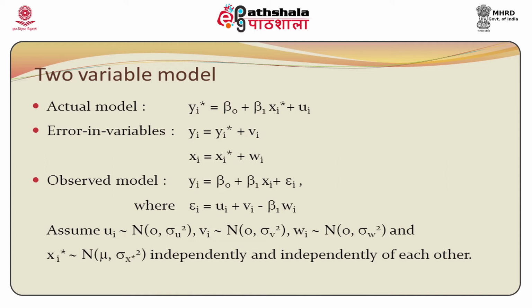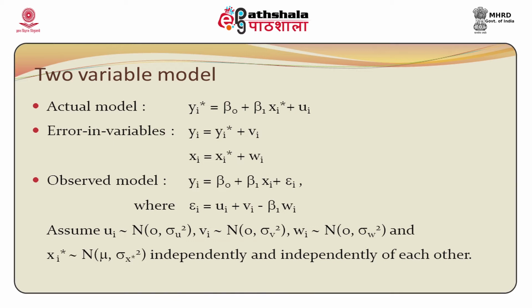So, this is the actual model that we want to study. Now, both yi star and xi star cannot be observed as they are. What we observe is yi, which is yi star plus vi. Vi is an error. So, yi star is true and yi is error contaminated.